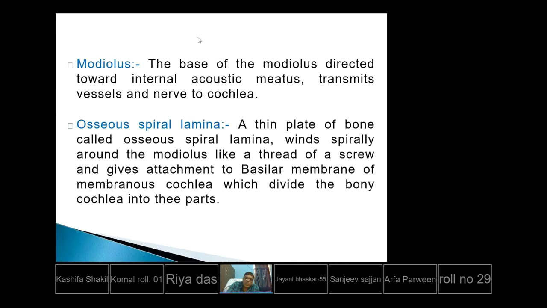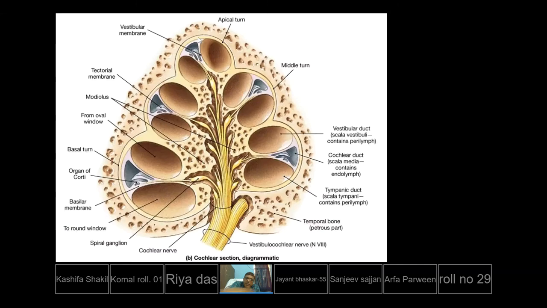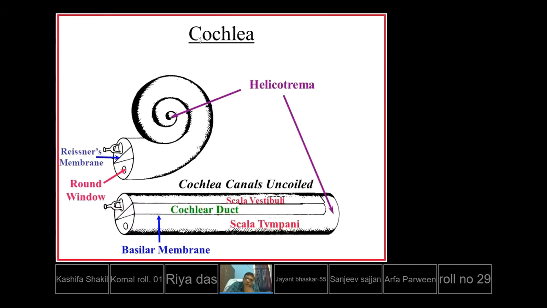Now you can understand by this figure the arrangement of scala vestibuli, scala tympani, and scala media. A very simple picture. Again, this is the bony cochlea. The upper chamber is scala vestibuli.